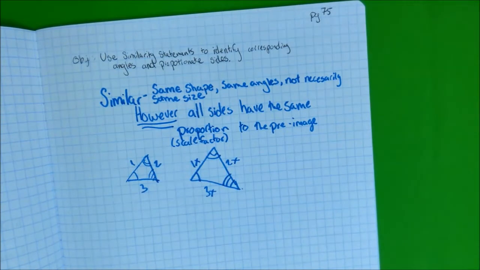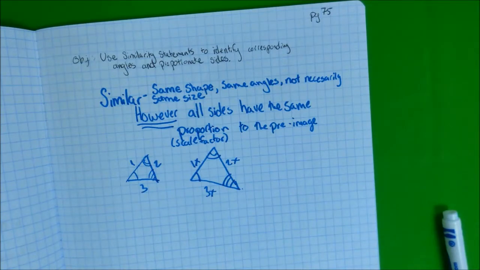Okay. So all images and preimages of an isometry are similar because they have a scale factor of 1.